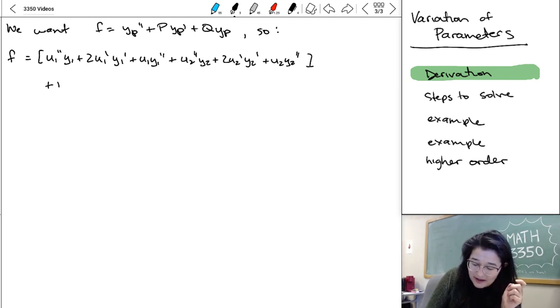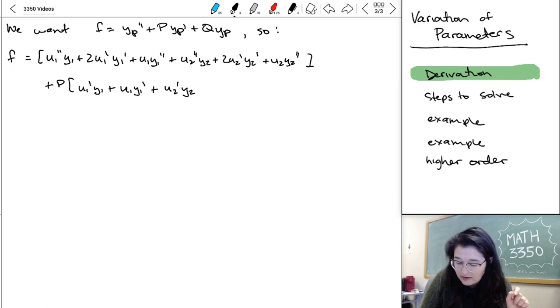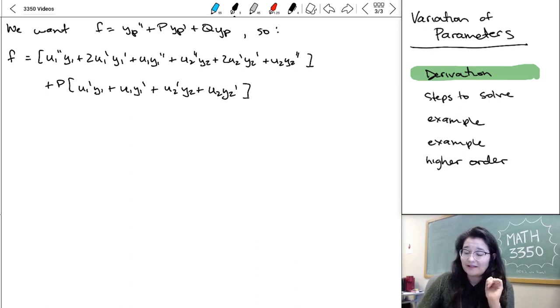Plus p times yp prime, which was just u1 prime y1 plus u1 y1 prime plus, same thing but 2, u2 prime y2 plus u2 y2 prime. Last one's the easiest, plus q times yp, which is just u1 y1 plus u2 y2.